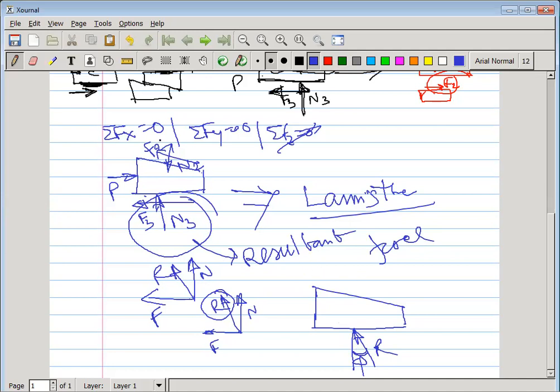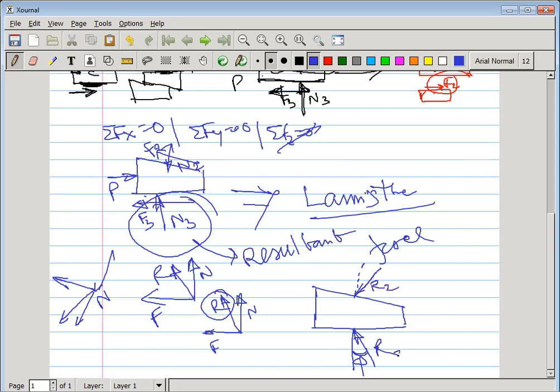Similarly, here you can see this is your normal and this is your friction. So here it is normal, and your resultant is in this direction. Clear? If your normal is this one, the resultant is in this direction.